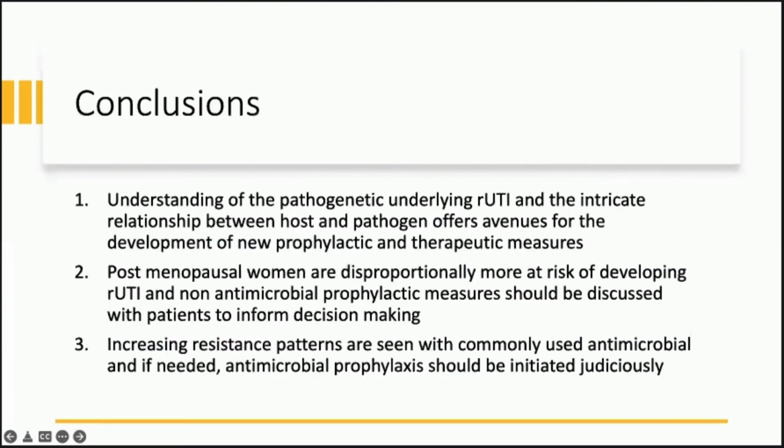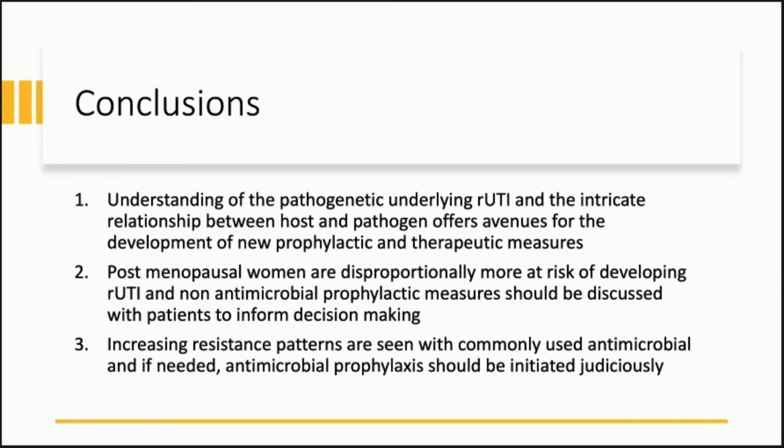So finally, here are some conclusions of this presentation. Understanding the pathogenesis underlying recurrent UTIs and the intricate relationship between host and pathogen offers avenues for the development of new prophylactic and therapeutic measures.